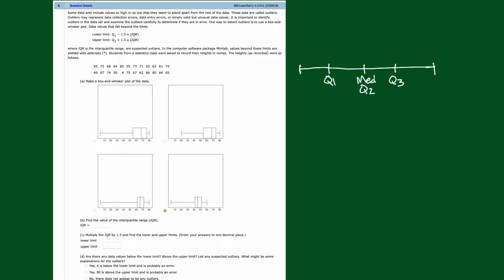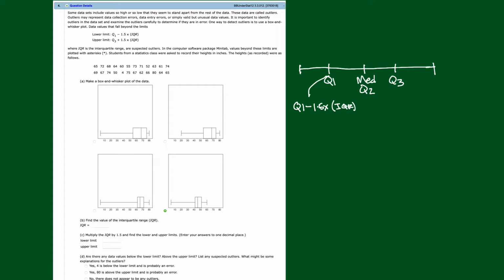Now the problem says that numbers that fall in these ranges right here, the top or the bottom, are suspected outliers. Now what are these? Here's a lower limit for an outlier. You take Q1 and subtract 1.5 times the interquartile range.